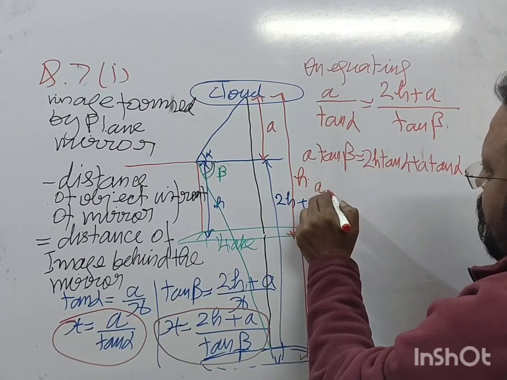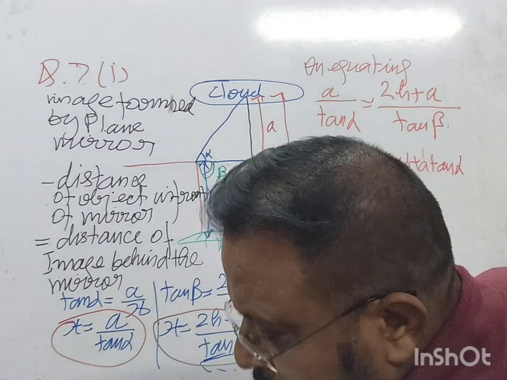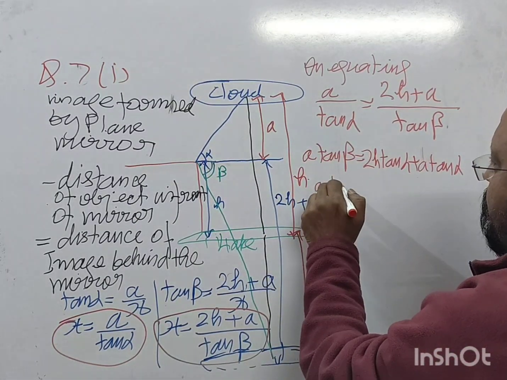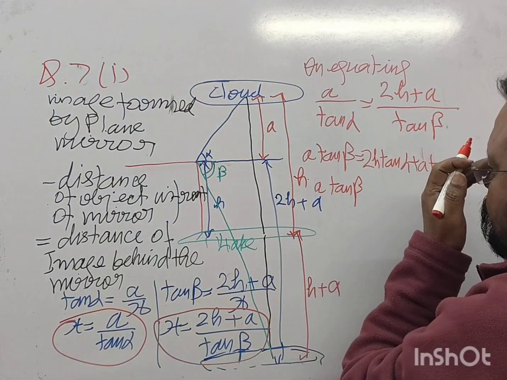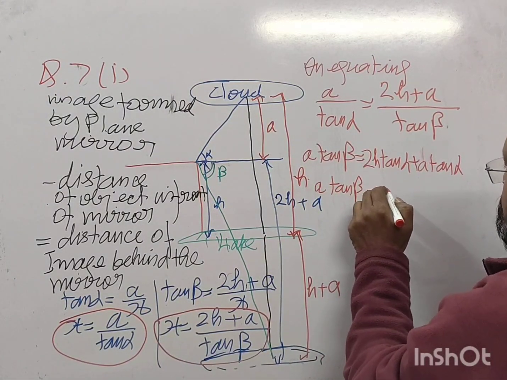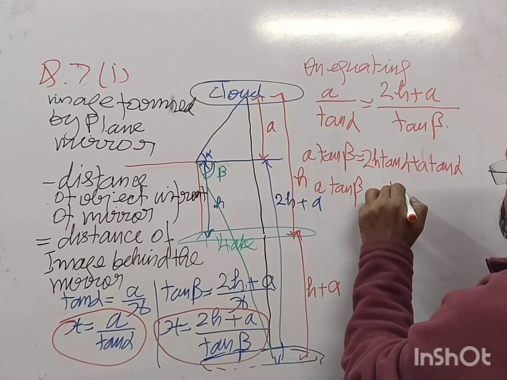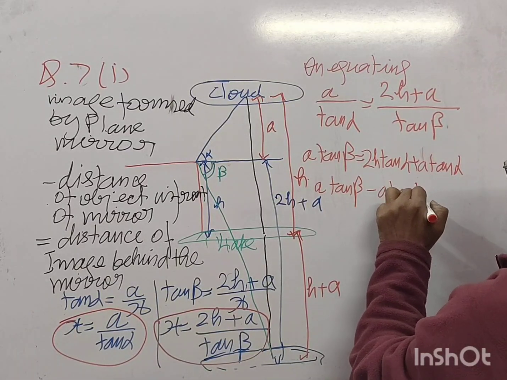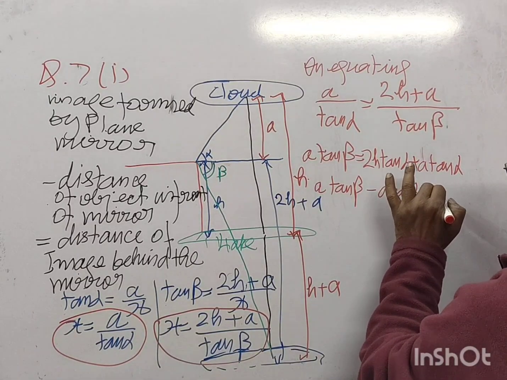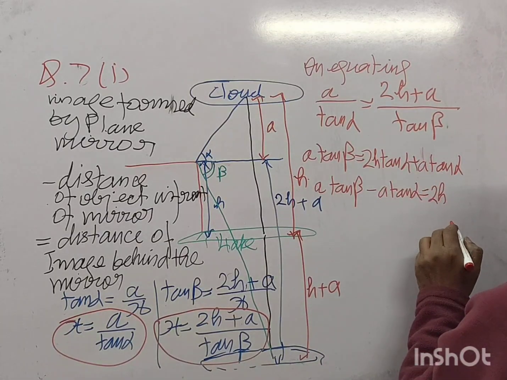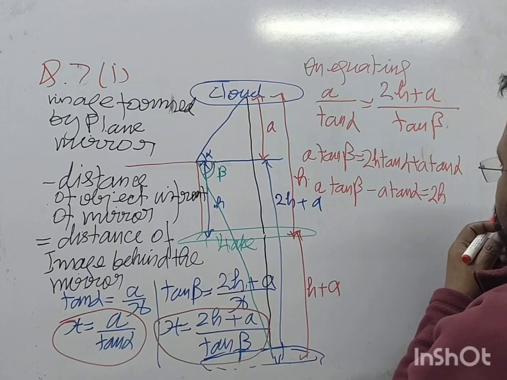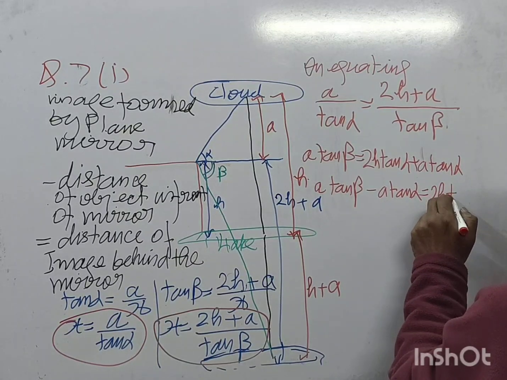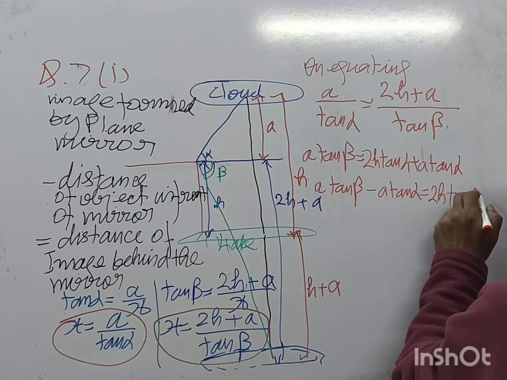A tan beta minus A tan alpha is equal to 2h tan alpha.